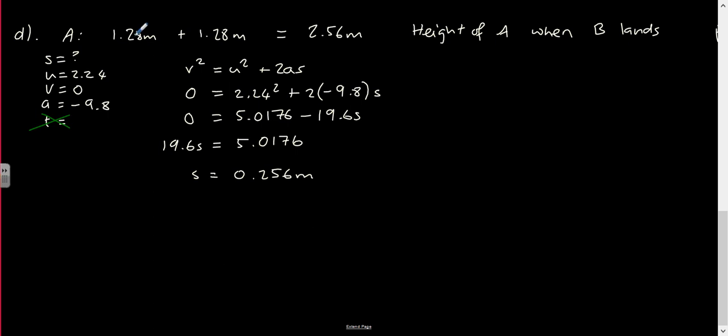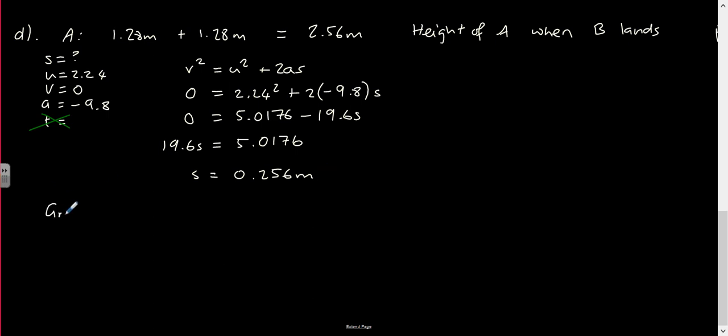So what do these numbers mean? Just to go back, A started 1.28 meters above the ground. It then traveled a further 1.28 meters until B hit the ground. Once B hits the ground, A continues to travel for 0.256 meters before it drops back down again.